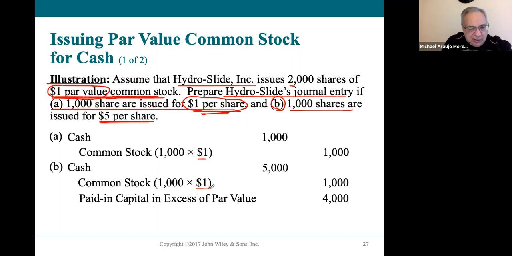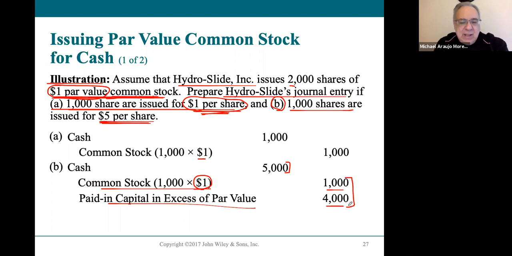The first dollar is going to be credited to common stock because that's the par value. All the other dollars, $4 per share, is going to be credited to the paid-in capital account for $4,000. So again, they raised $5,000 in cash, but for accounting purposes, they split it into the par value for common stock, and everything above that is paid-in capital in excess. You have to understand how they break it up.